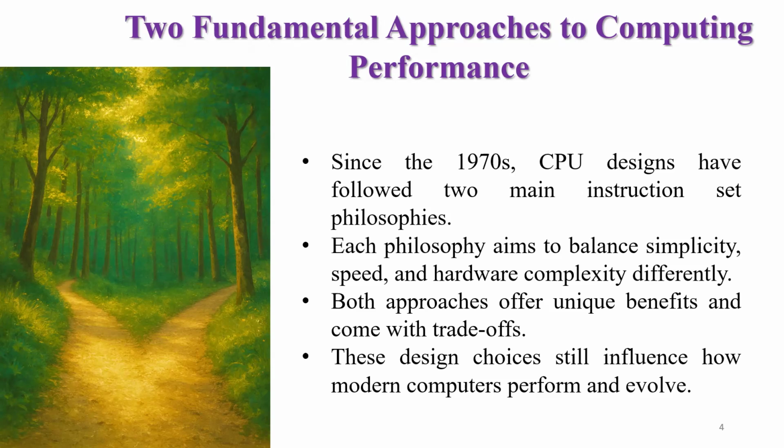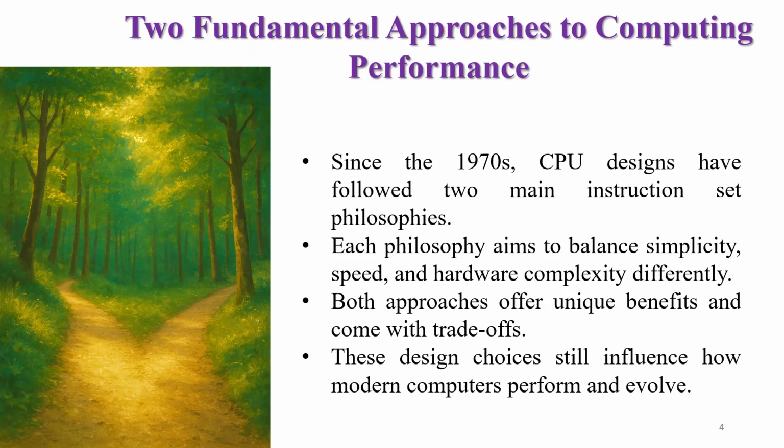The design of an ISA reflects the philosophy behind improving computing performance. CISC focused on making instructions complex, so fewer lines of code were needed. RISC focused on making instructions simple, so hardware could execute them very fast.